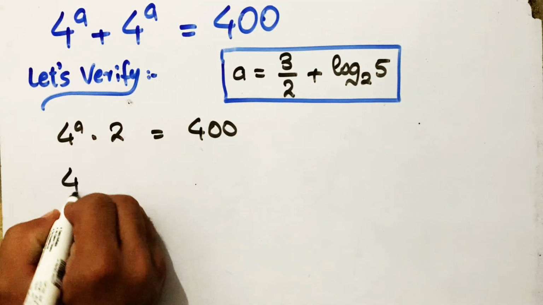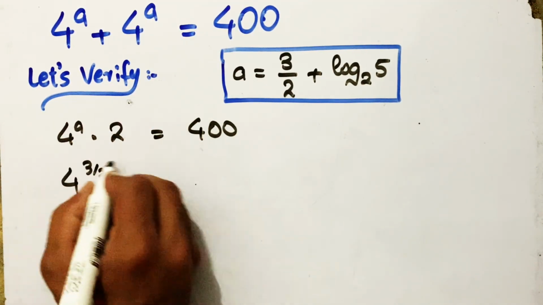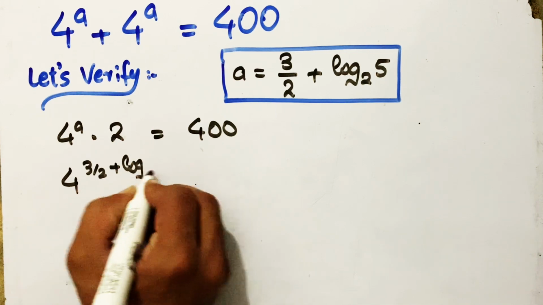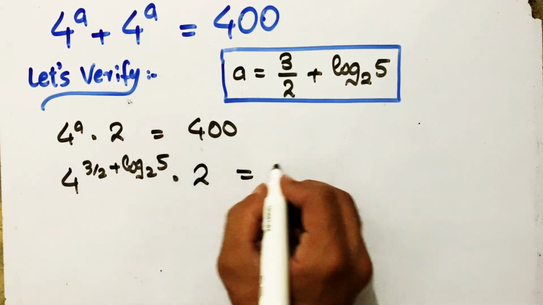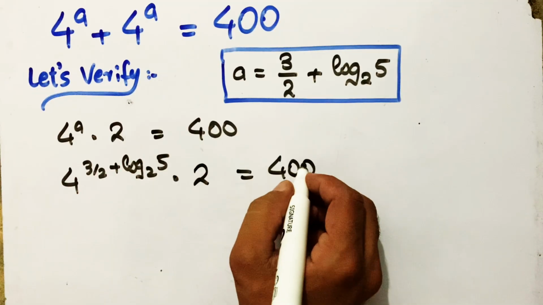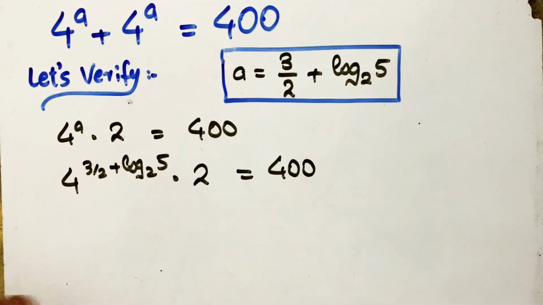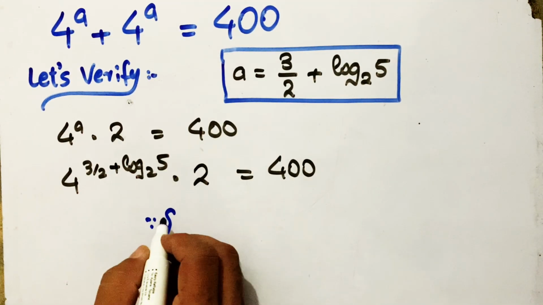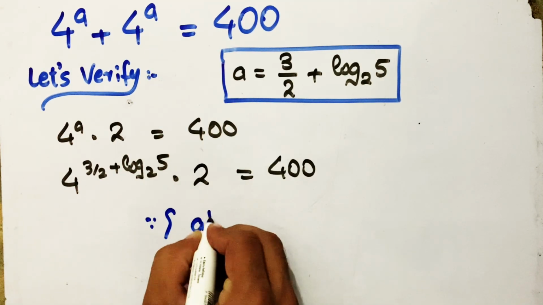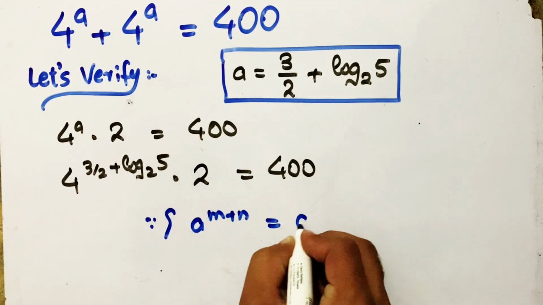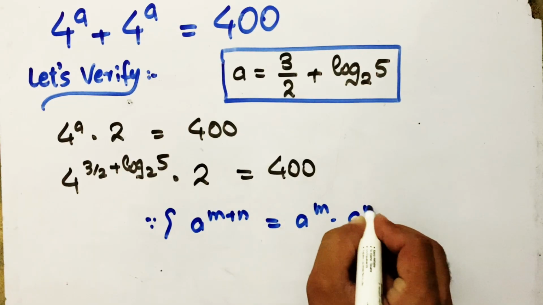So this is 4 to the power of 3 by 2 plus log base 2 of 5, into 2, equal to 400. I use the product of powers rule: a to the power of m plus n equals a to the power of m into a to the power of n.